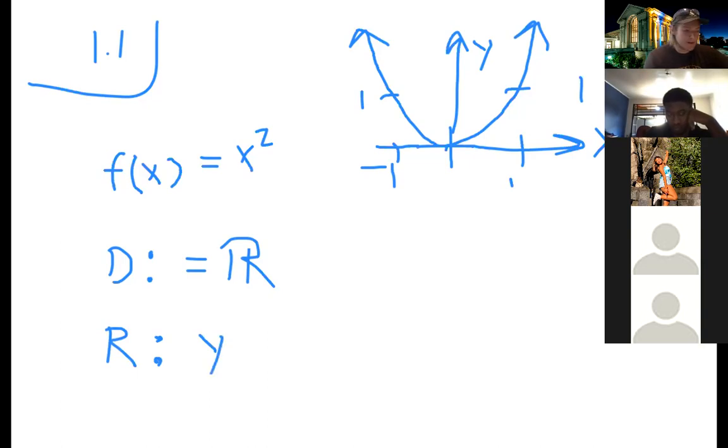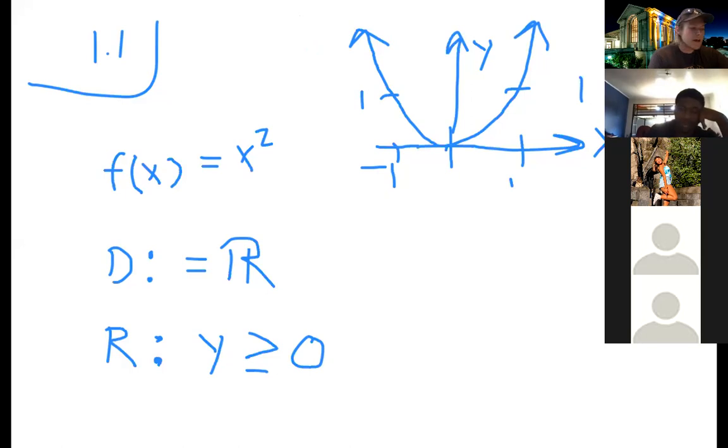Your professors might be, but as far as I'm concerned, y has to be greater than or equal to 0. We can see that from the graph because it stops right here and goes all the way up to infinity. It doesn't stop, it goes on forever. Infinity and beyond. So y is greater than or equal to 0.